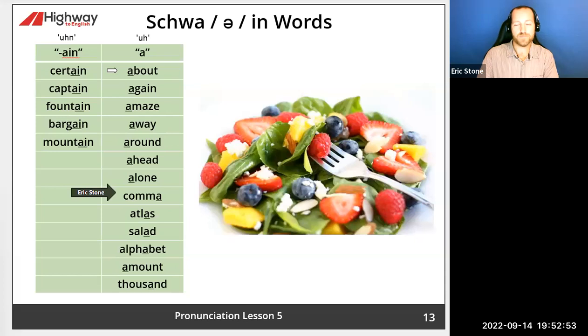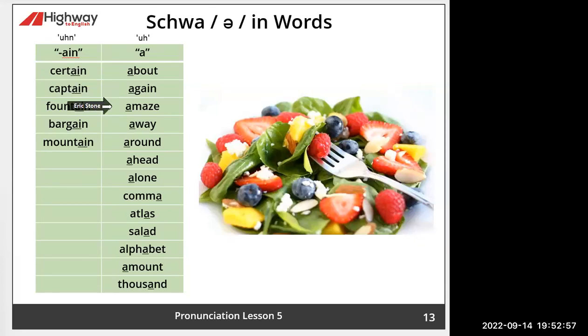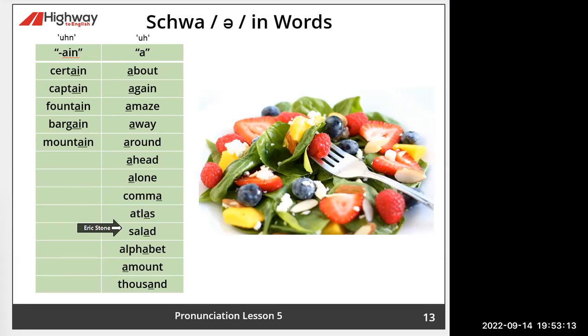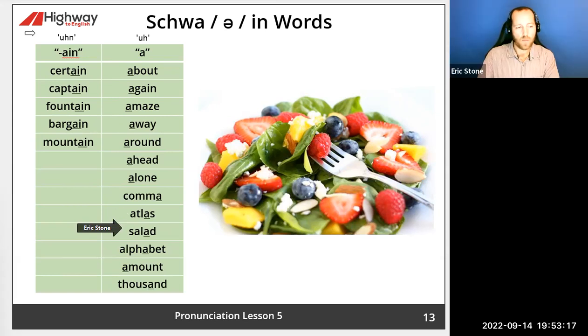Basima, your turn. About, again, amaze, away, around, ahead, alone, comma, atlas, salad, alphabet, amount, thousand. Good. This one is more of an "uh" sound: salad. There you go. Better. Great job. So all of these words have the sound of schwa.